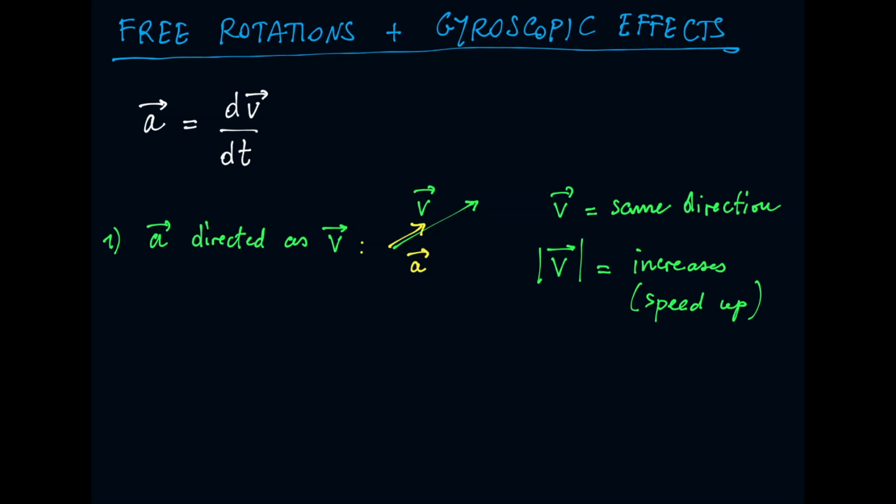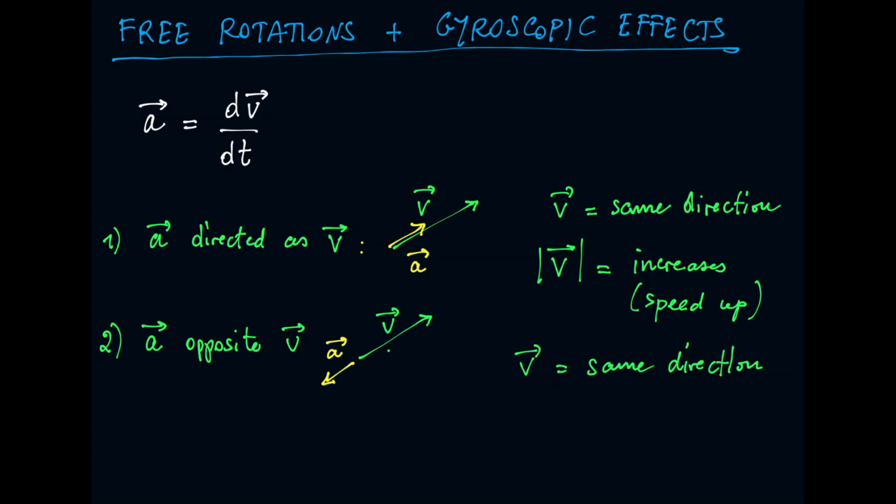No big surprise. The second situation is where a is opposite to velocity. So same direction, but opposite orientation. And in this case, you know where I'm going. v doesn't change direction.